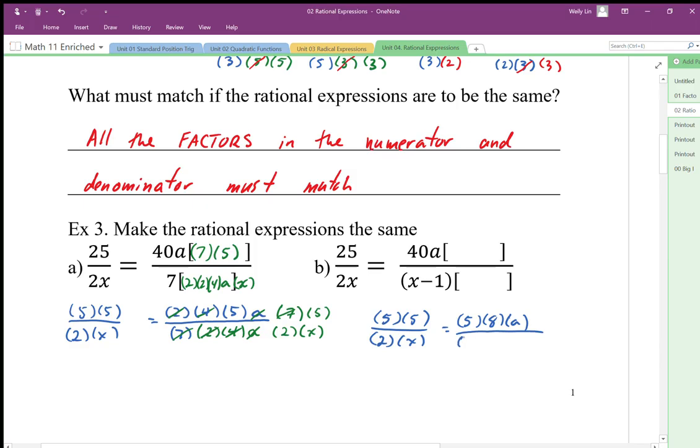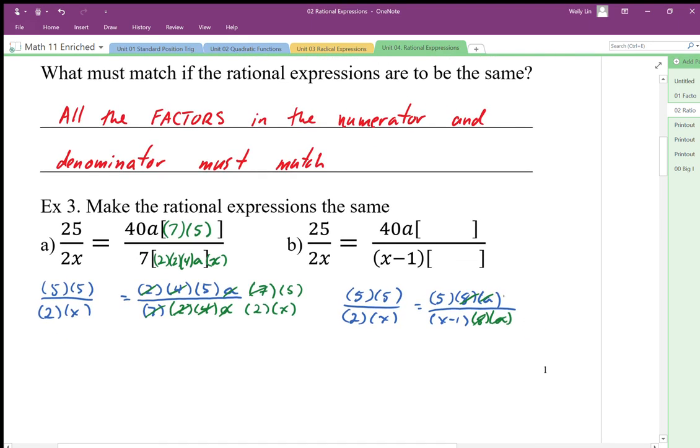And on the bottom I have x minus 1. Okay, so I need to get rid of the times 8 times a, because I don't have a's and 8's up here. So I'm going to do that first. So I'm going to get rid of that times 8 times a, cancel those out.